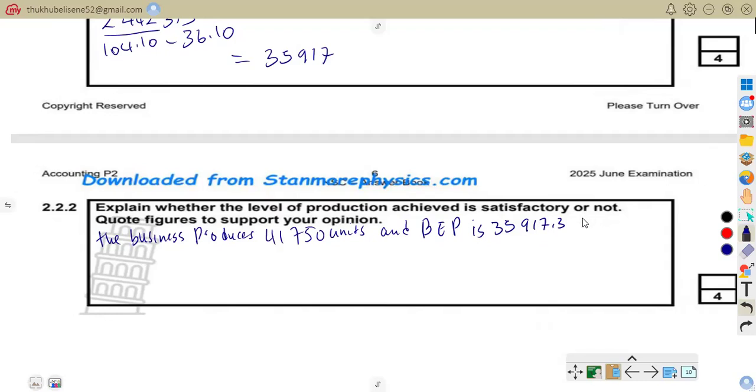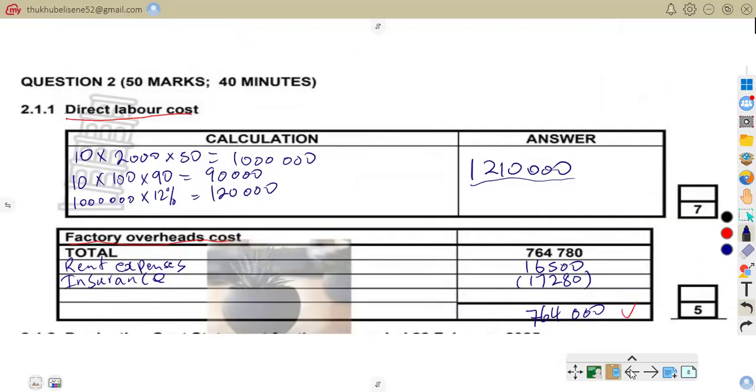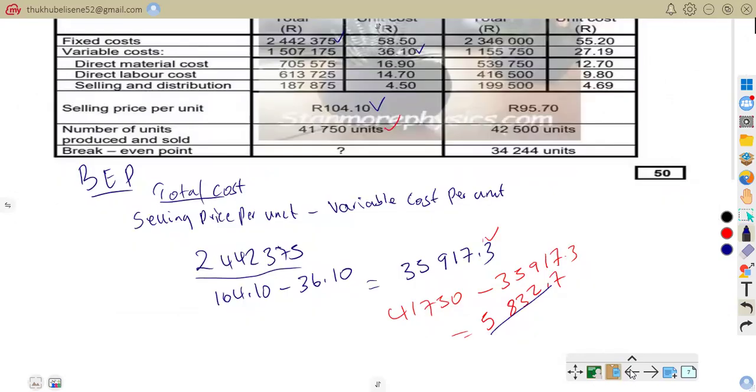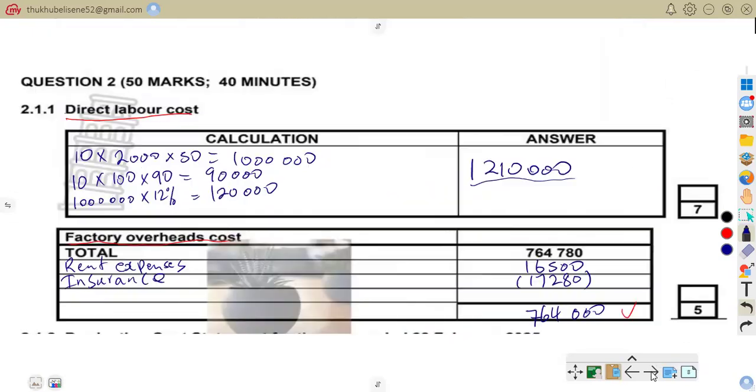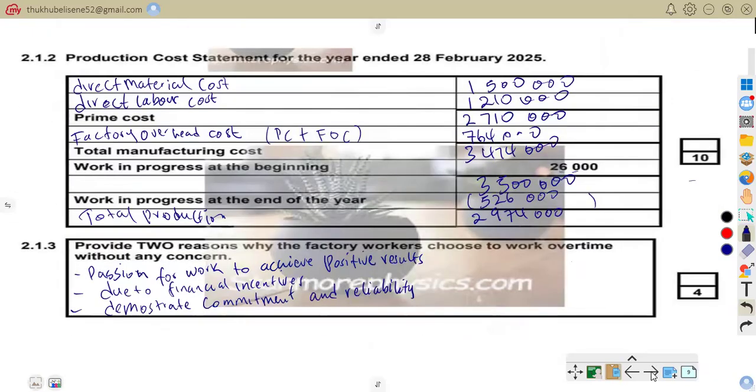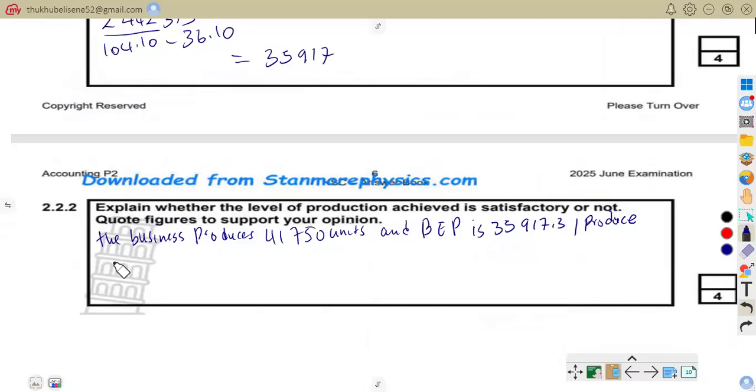It means that the profit, as we have calculated it, is 5,832.7.